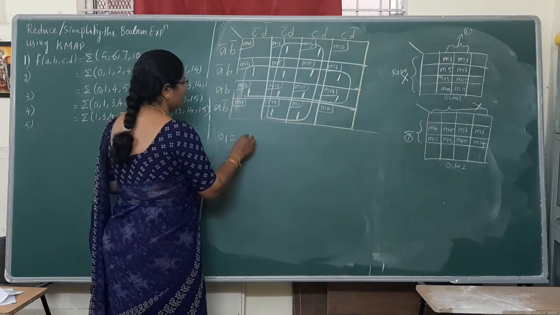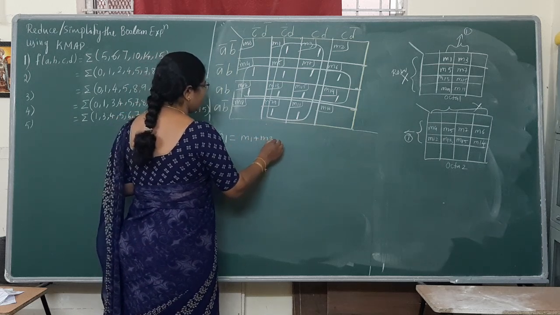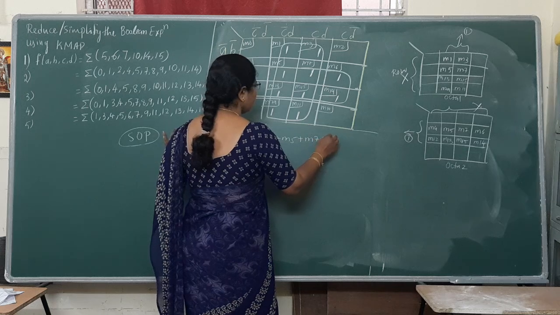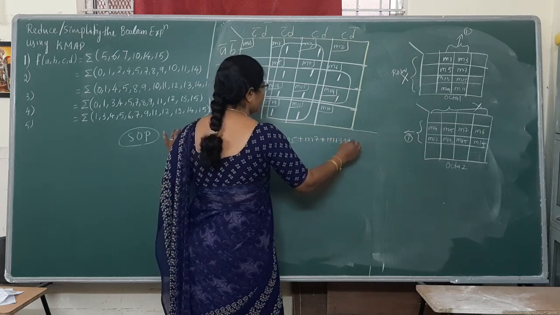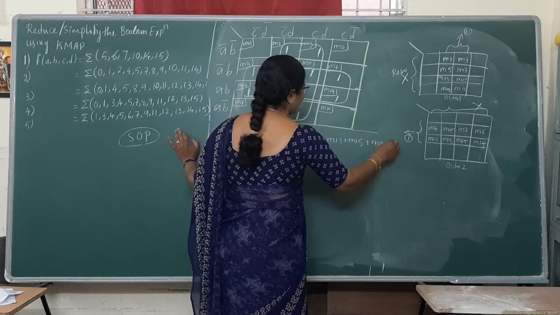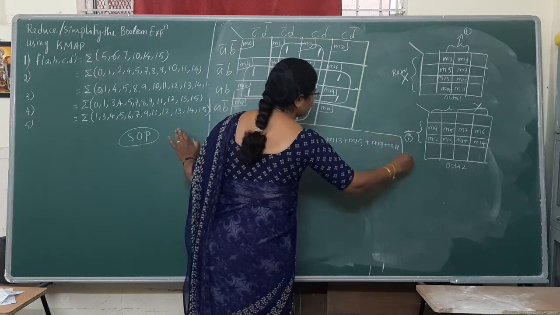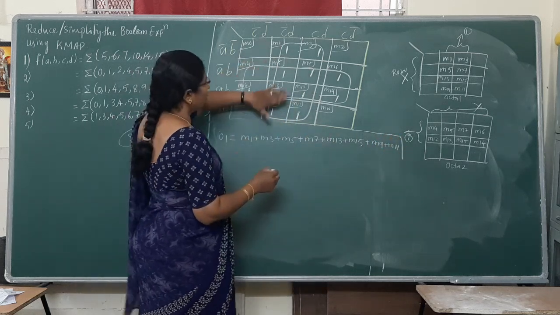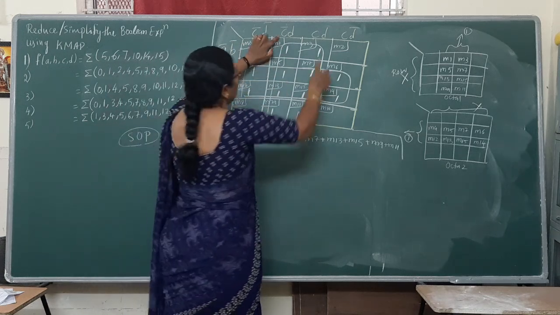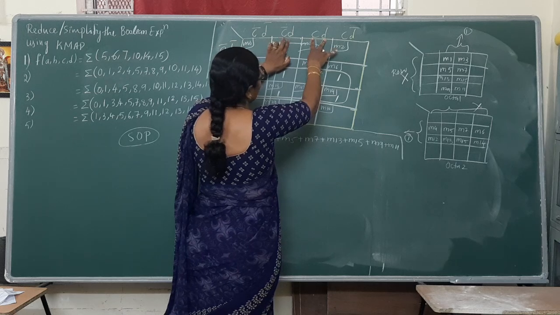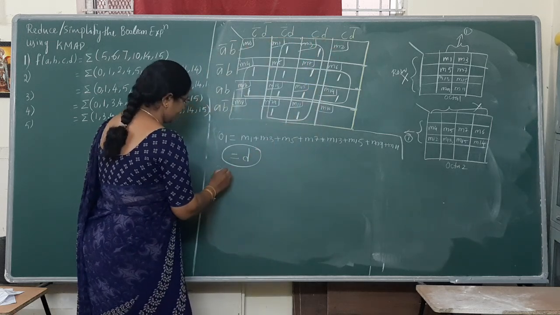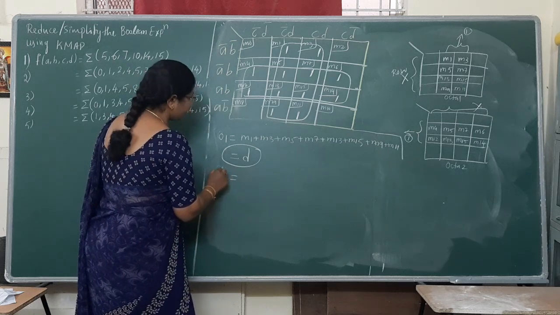Octa 1 equal to M1, M3, M5, M7, M13, M15, M9 and M11. Among these, it is a vertical octa, hence all the rows get cancelled. Among these two, what is a common variable? D is a common variable. Octa 1 is D.